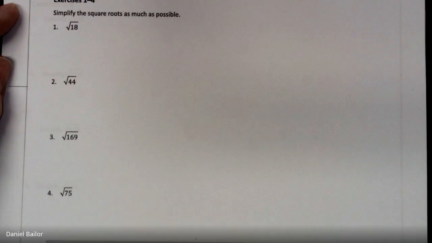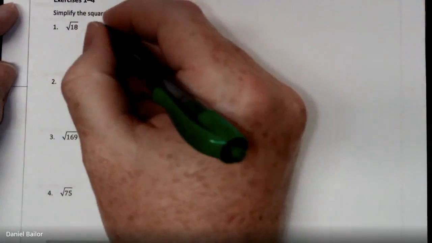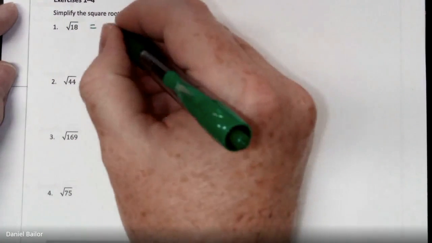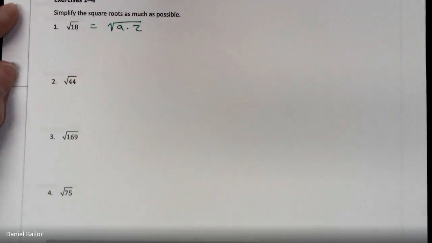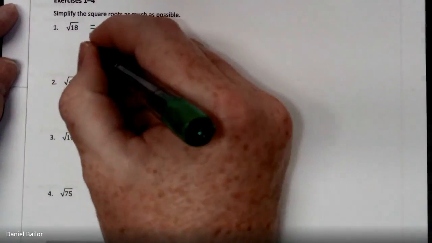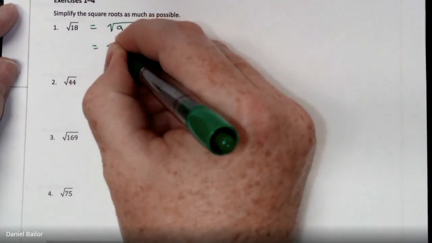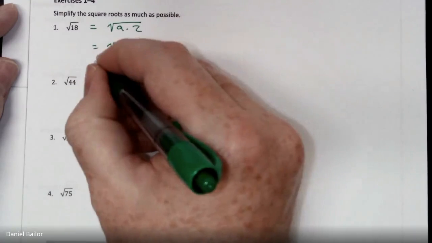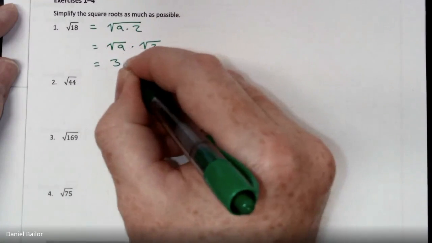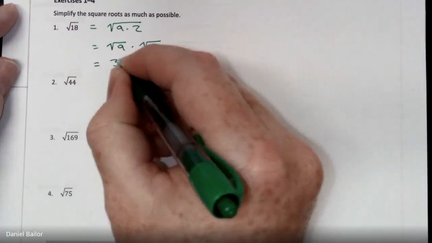Remember, the trick is finding the best factors. So for the square root of 18, I think of 9 times 2 makes 18. Why did I pick 9 and 2? Because 9 is a perfect square. So I can split the square root, and I get 3 times the square root of 2.